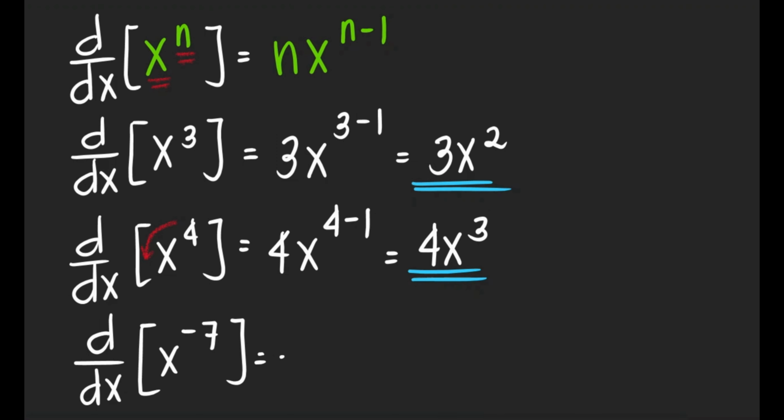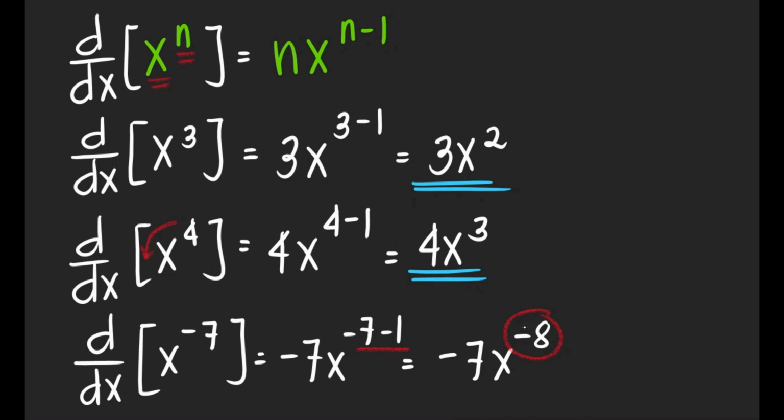For x to the power negative 7, we have negative 7 times x to the power negative 7 minus 1. Negative 7 minus 1 is negative 8. Then it is equal to negative 7 x to the power negative 8. See that the exponent here is negative.